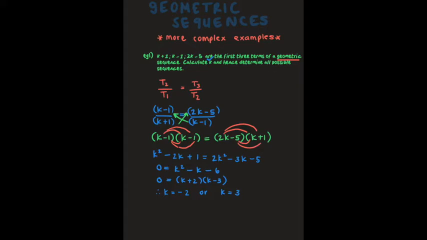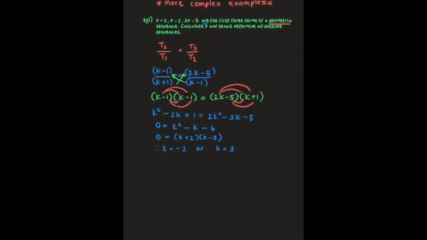So what we're going to do is substitute k equals minus 2 first and get solutions for that, and then we'll move on to when k is 3. Basically we've got two options. The first sequence is when k equals negative 2. Term 1 is k plus 1, so it's going to be negative 2 plus 1, which is negative 1.